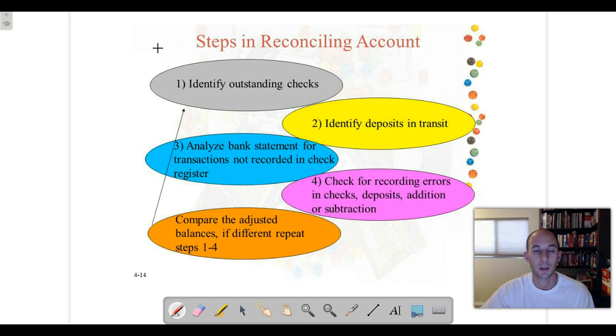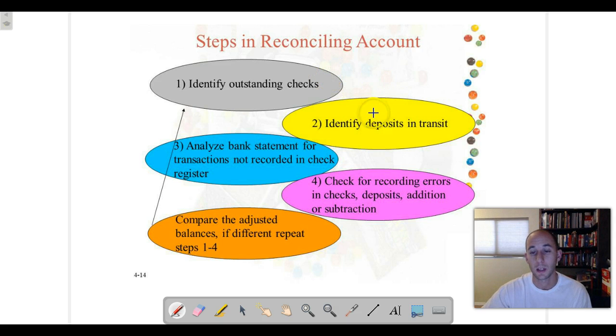Our bank statement came out on the 31st. That check was not listed on our bank statement, but we know we've written that check, and so we have to account for it and subtract it off of our bank statement side to keep it in balance. So that's decreasing our bank statement side.